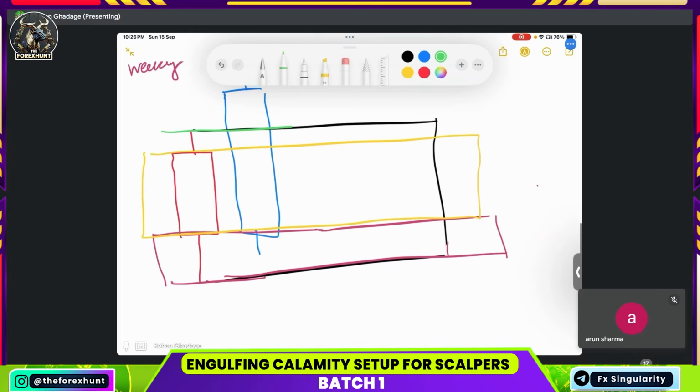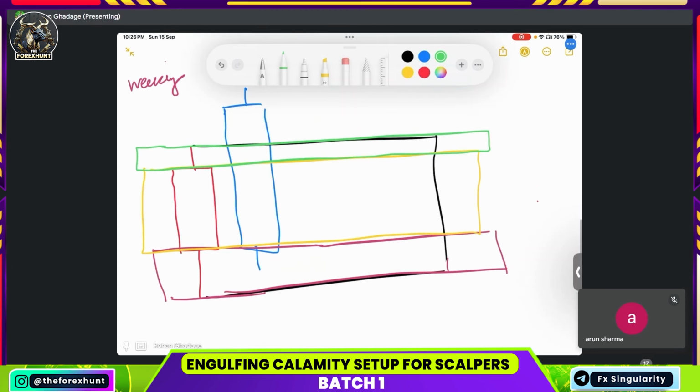This one. I hope you guys are able to understand. My drawing is a little bad. I'm again explaining it. This is high, this is medium, this is weak.